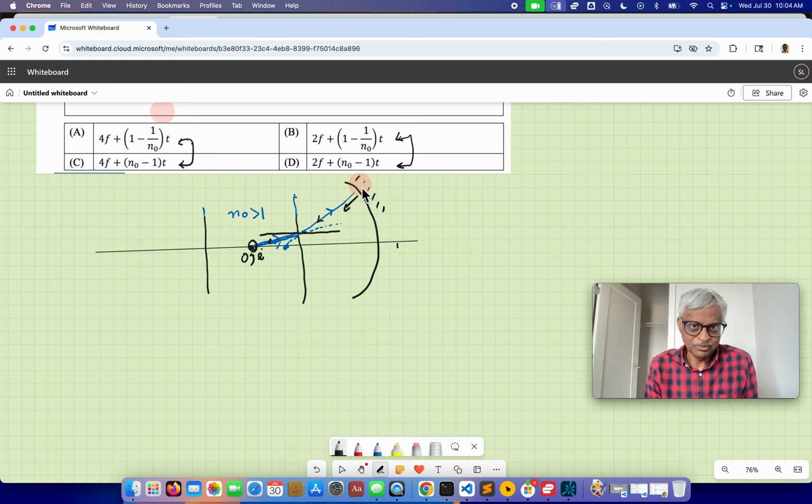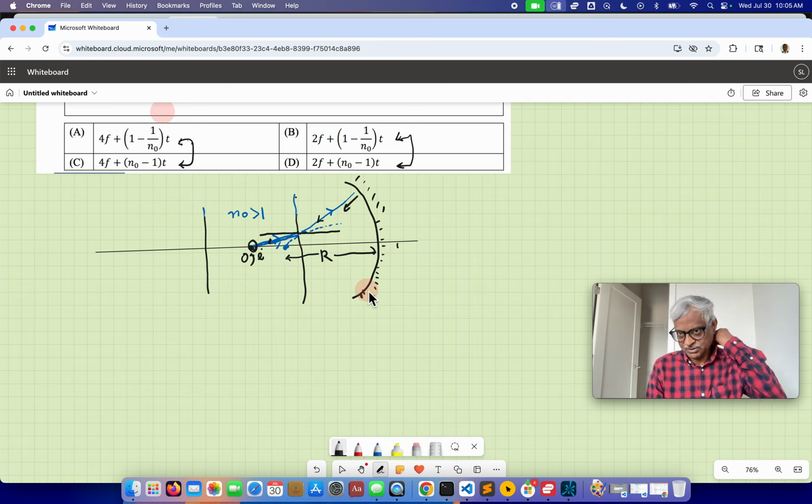Well, when it will reflect, because if this was the radius of curvature, okay, if this was the radius of curvature, then that will be right.